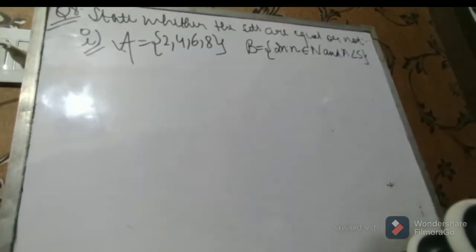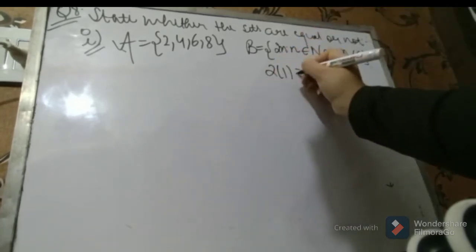Now let's move on to the next question, question number 8. In this question, you have to tell whether the set A and the set B are equal or not. Set A consists of elements 2, 4, 6 and 8. Set B is 2n such that n belongs to natural numbers and those natural numbers are less than 5.